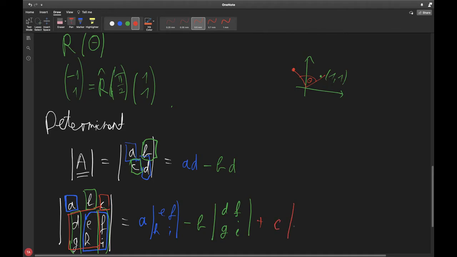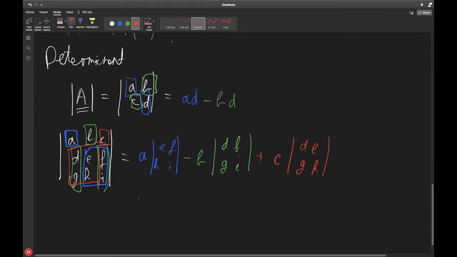Plus C, and what's there is the D, E, G, and H. This method is recursive, so you can apply it to any big matrix, because it will always just mean calculating the determinants of the sub matrices.